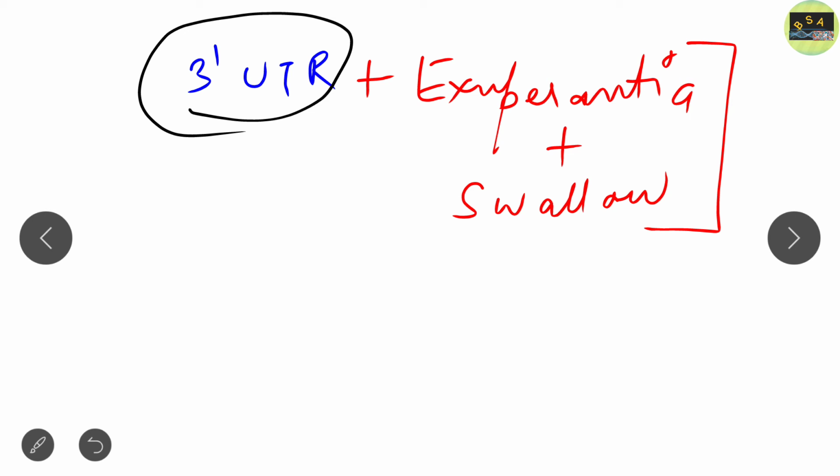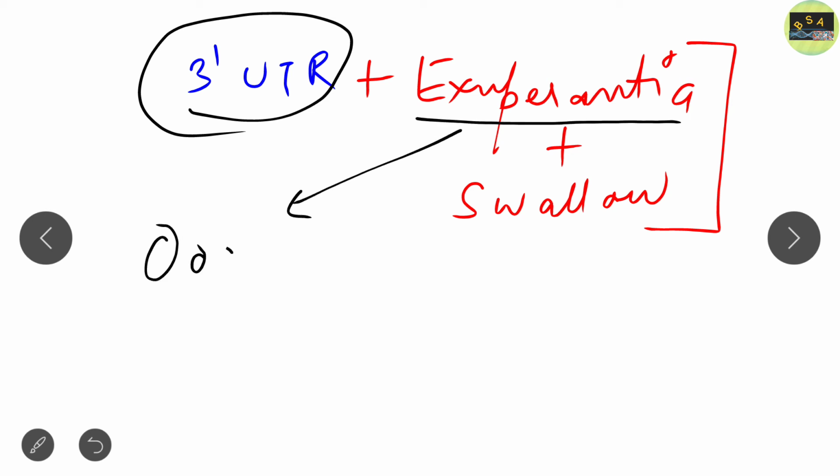Now, this exuperentia protein must be present in the nurse cell for anterior localization. Clear? But exuperentia alone is not sufficient to bring the bicoid message into the oocyte.